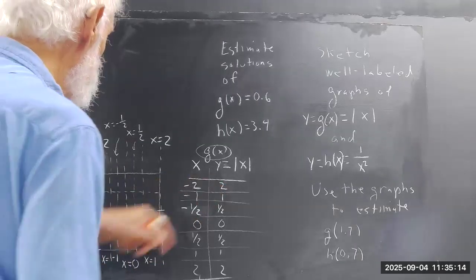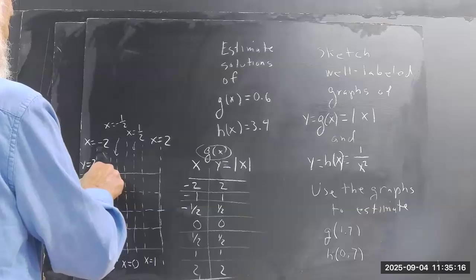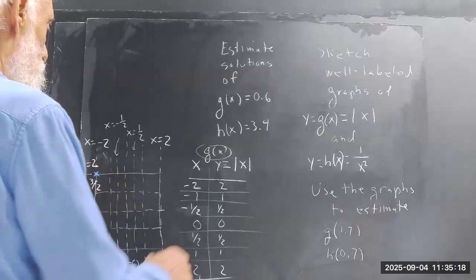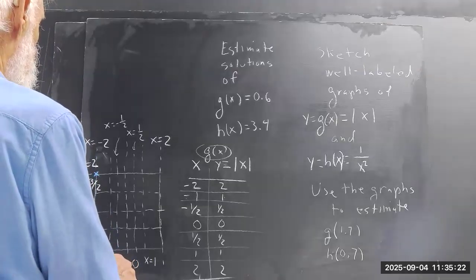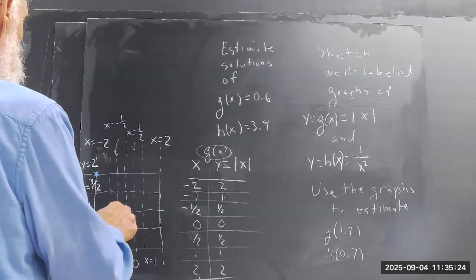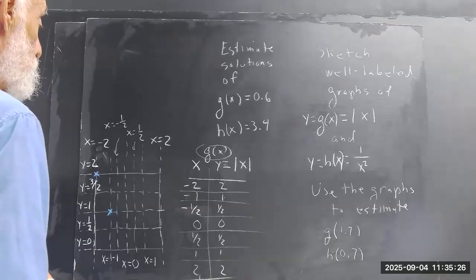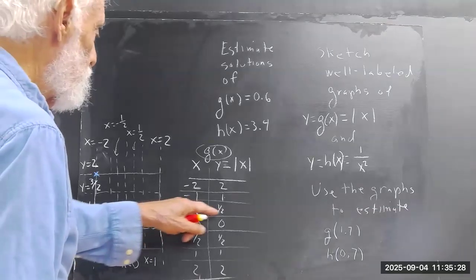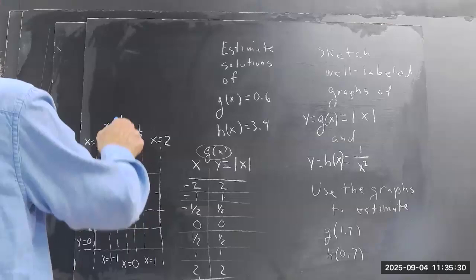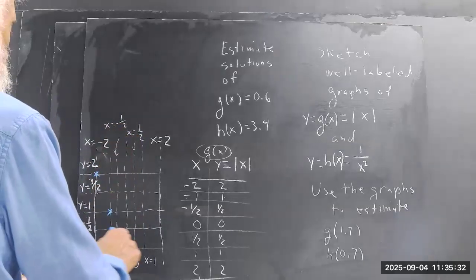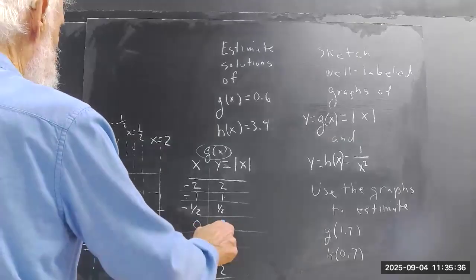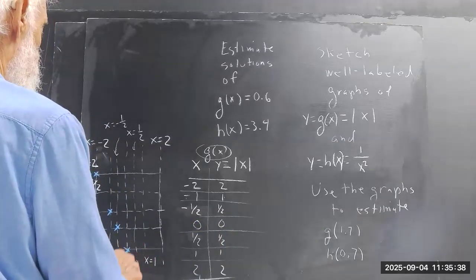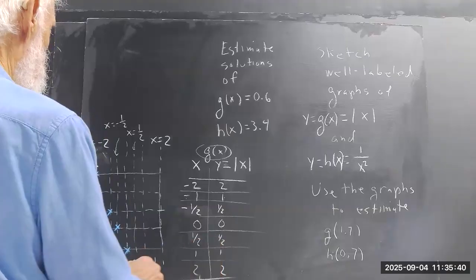If we plot these points, -2, 2 is there. -1, 1. Here's where x equals -1 on this line. Here's where y equals 1. There's -1, 1. -1/2, 1/2. Well, here's x equals -1/2. Here's y equals 1/2. They meet at this point. We have the point 0, 0, which is down here. The point 1/2, 1/2.